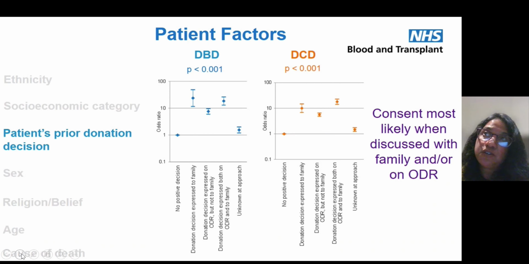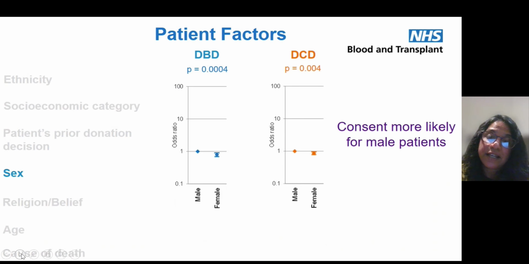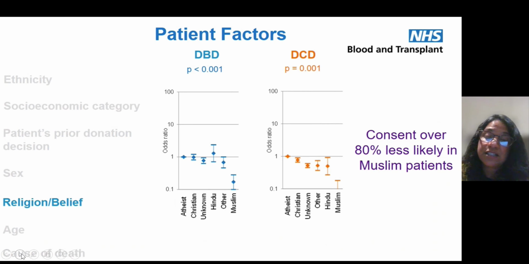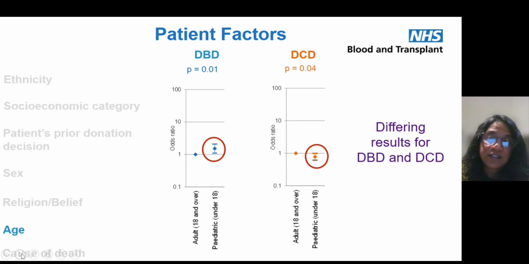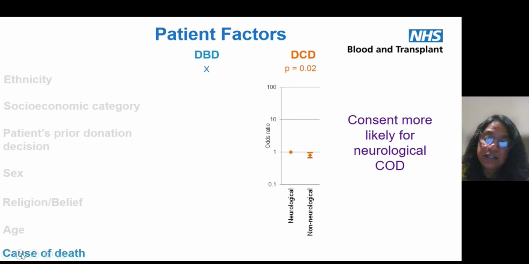We find that if the patient is on the organ donor register, then it's a powerful persuasive tool in giving the family courage to proceed with donation. Consent is more likely for male patients. Consent is 80% less likely in Muslim patients.